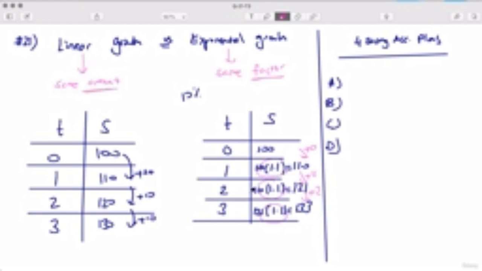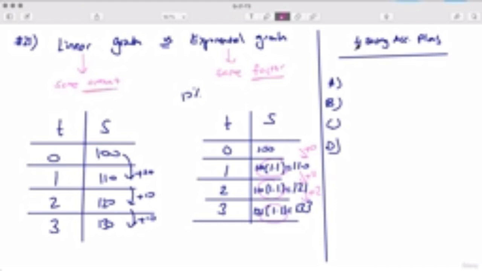I multiply it by 1.1 and I end up with 121 at the end of the second year in my account. Similarly, in year 3, I start with my current account balance 121. By the end of the year, I end up with 133 because 121 is multiplied by 1.1. So what remains the same in this account is the factor, how much I'm multiplying it by each year. So this is a story of exponential growth.